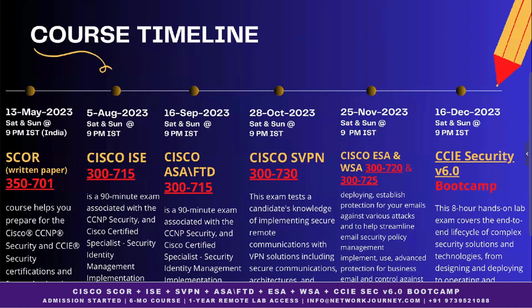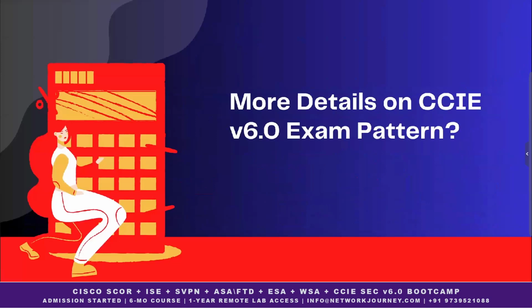Okay. So after this curriculum discussion, I'll discuss more on the CCIE pattern. As I already told you, the new CCNP pattern is very simple. There's nothing much here. You have two papers.